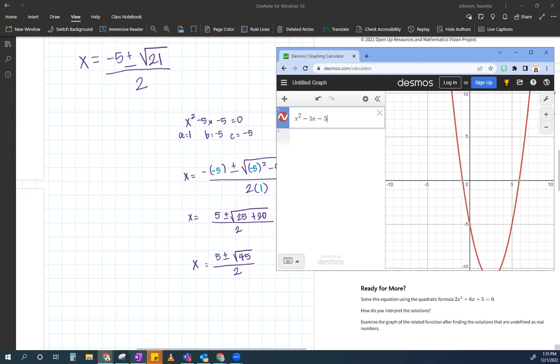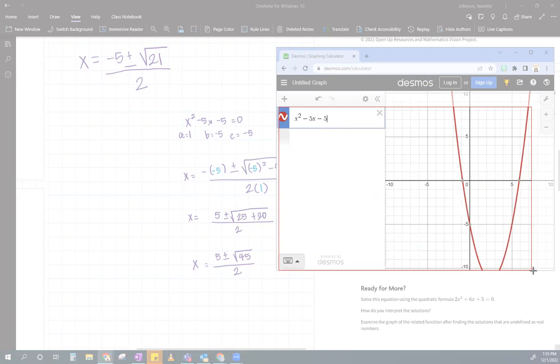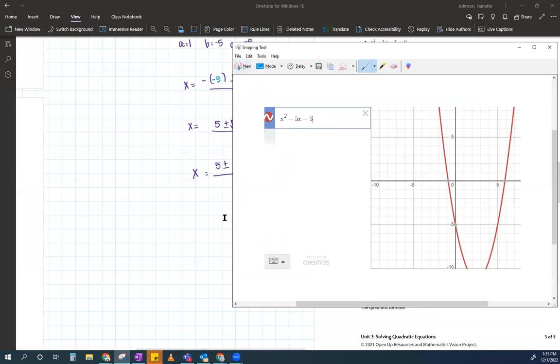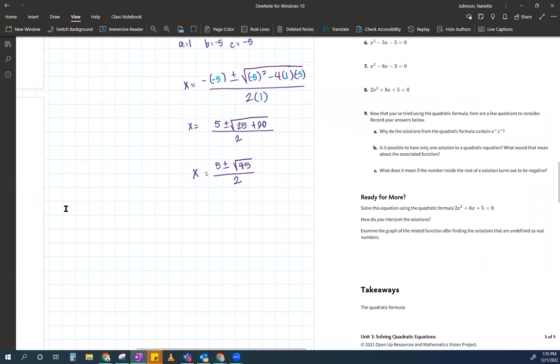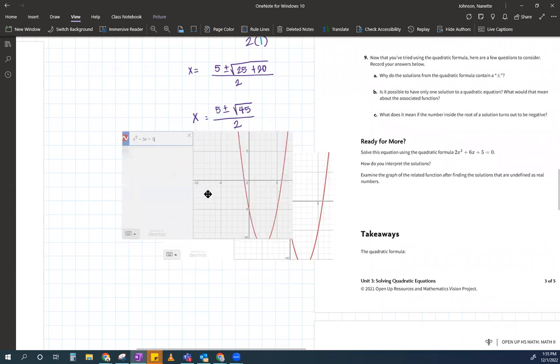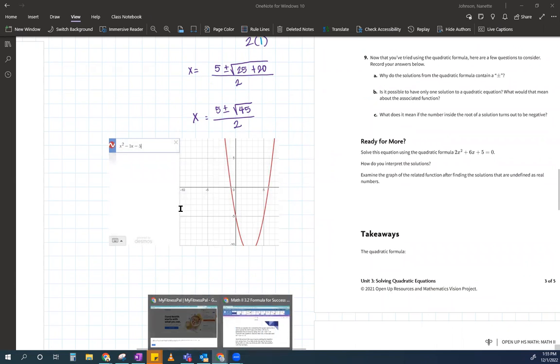So the first thing I want to do is take a picture of this, and then copy it and put it down here. It's kind of big. That's okay. Here's the important part, because you can't really tell that these are those answers.